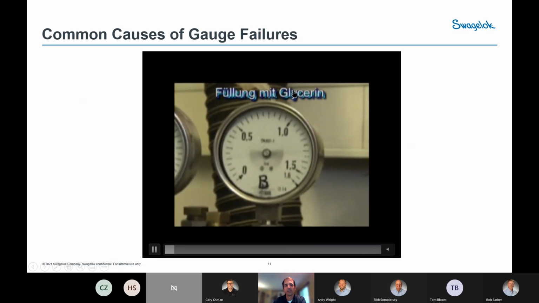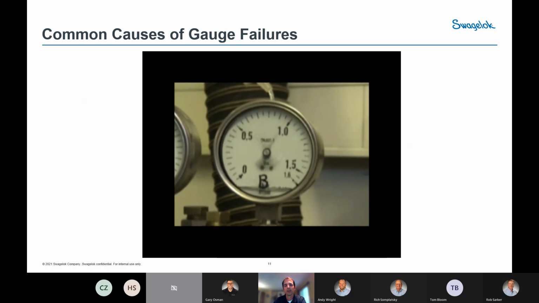So at the top here, you can see there's a port on the gauge where you put this, probably glycerin they're putting in there, and you can see the glycerin running into the gauge, and here it starts to fill up. And you'll see the impact as soon as it reaches the bottom of that needle there.